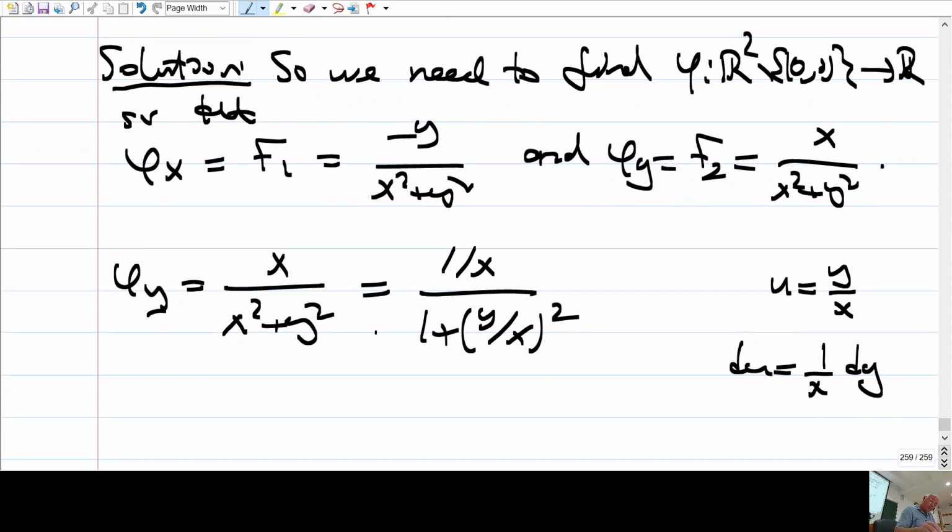So this is like derivative of y over x with respect to y divided by 1 plus y over x squared. So this should be just arc tangent y over x.